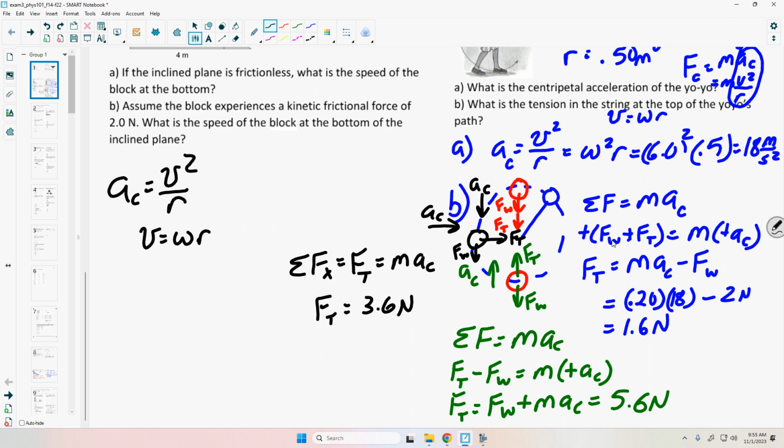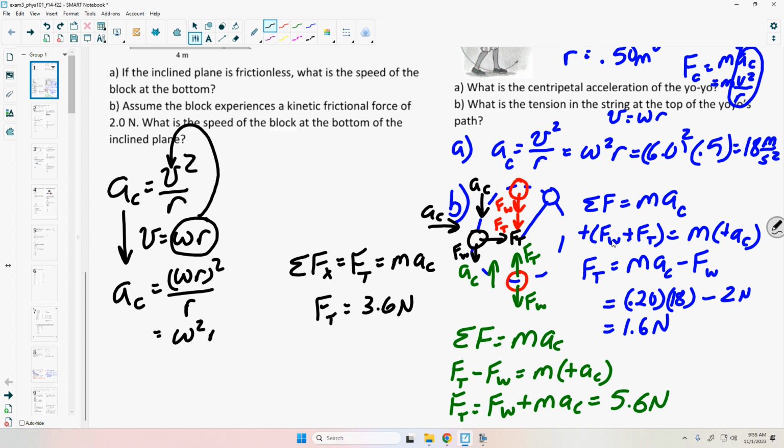V is equal to omega r. So if I substitute it in for V, I get a different expression for AC, which is (omega r) squared divided by r, which if I cancel out one of those r's, I get omega squared r. So AC is also equal to omega squared r.